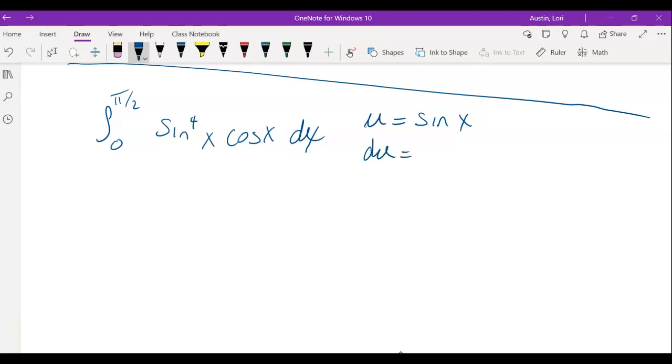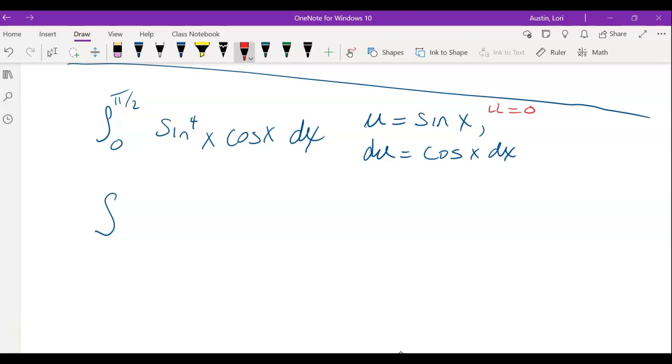What's the derivative of sine x, everybody? And you go, yay, I can use u sub. Why do I know right away I can use u sub? I've got the derivative sitting there. All right, let's change, because we want to get everything in terms of u. So we're going to change our boundary in relation to that inner function. My lower limit equals 0.